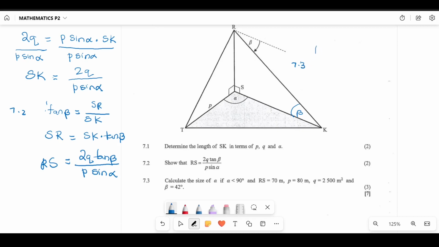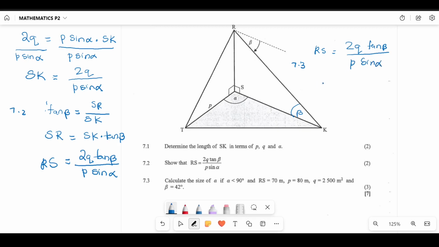So the equation is RS equals 2Q tan beta over P sine alpha.